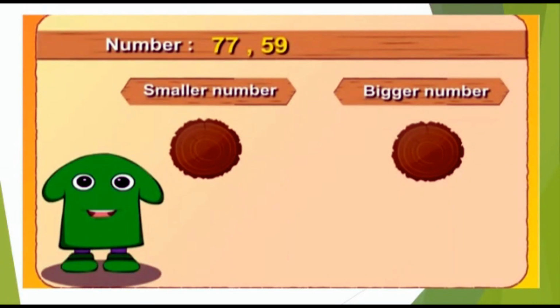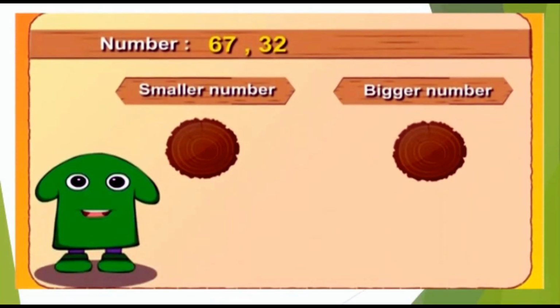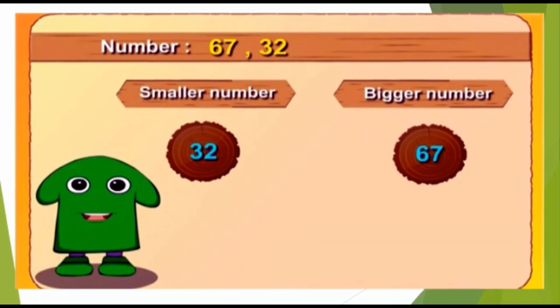Tell me which is smaller, which is bigger? You're right. 59 is smaller and 77 is bigger. Numbers 67, 32. Say which is smaller and which is bigger? Yes, 32 is smaller and 67 is bigger.